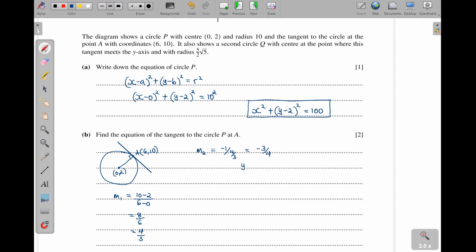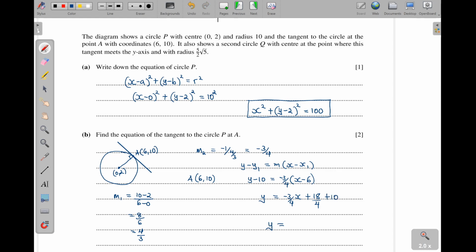So using y - y1 = m(x - x1), remember, this line passes through the point A, which is (6, 10).